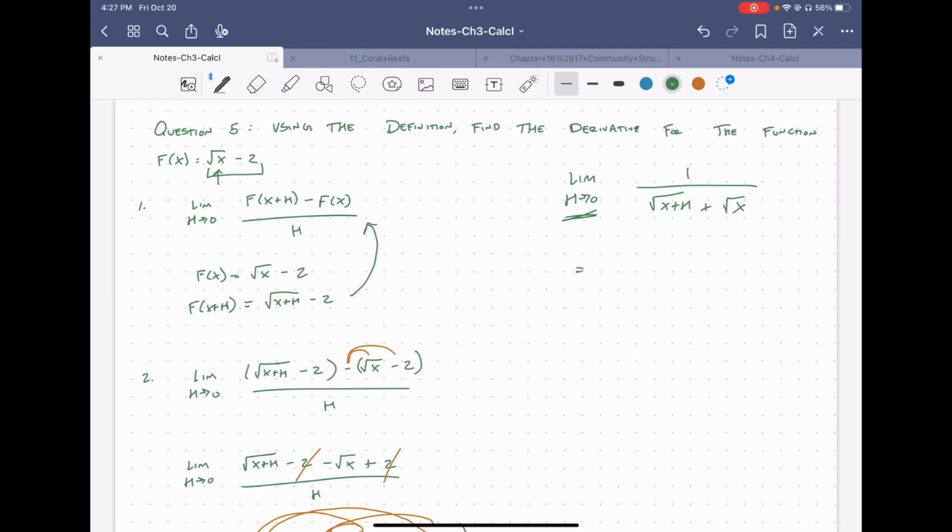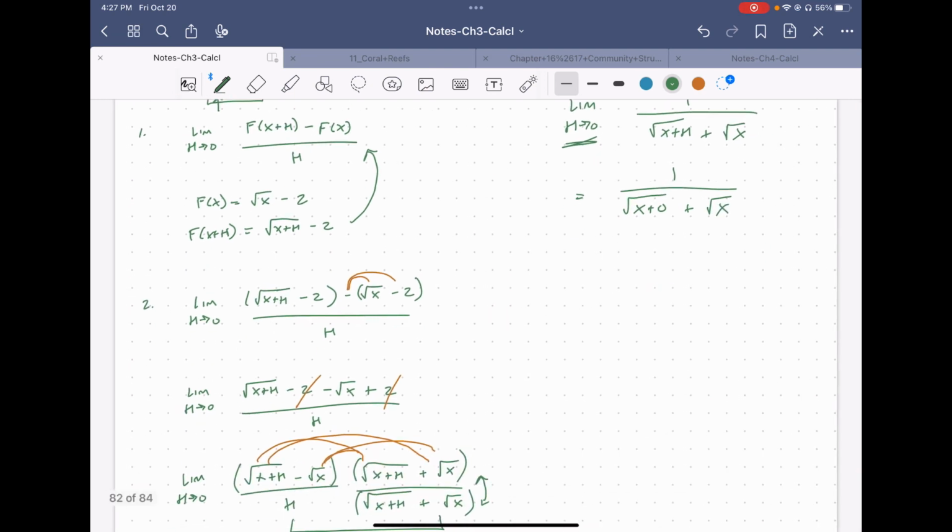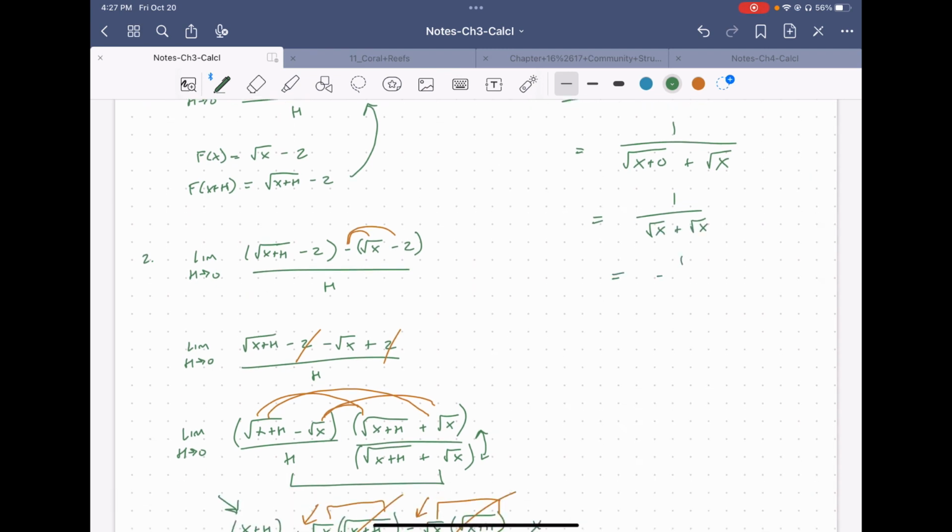So we have a 1 over, it only goes into the h, not the x, so we have root x plus 0 plus root x. And that equals 1 over root x plus root x, which finally equals 1 over 2 root x.